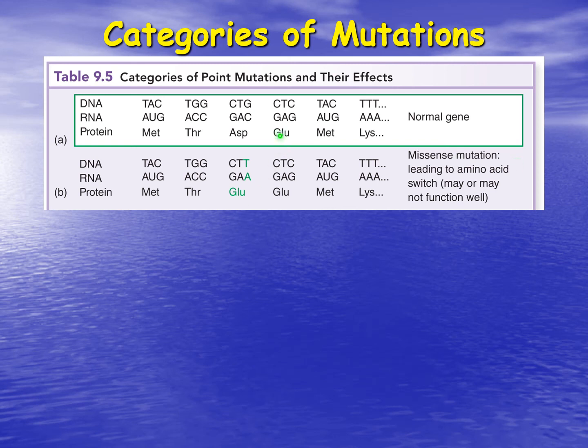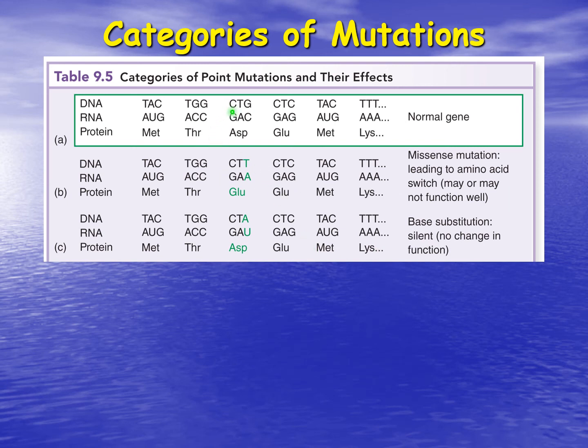But you will notice, however, every amino acid after that actually remains the same. So this may cause a problem in the protein structure and function, or it may not. It kind of depends upon, one, where the mutational amino acid is located, and does it change the folding of the protein that much.